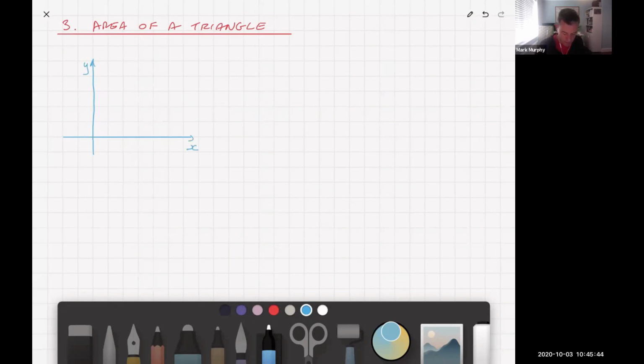And this, quite simply, is if you have a triangle, well, I'm going to do that a bit better. That's really bad. We'll try again. Okay, that's not too bad. So we have a triangle like that, and we have some coordinates.